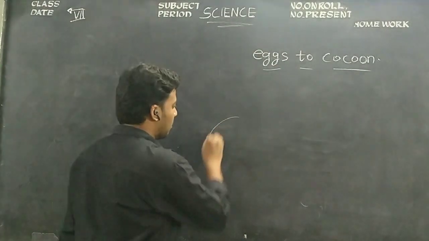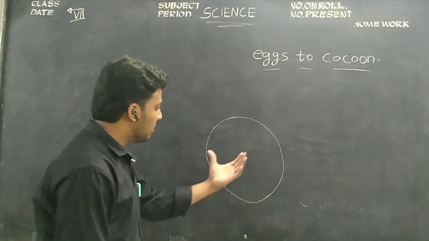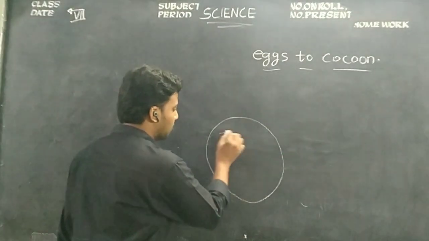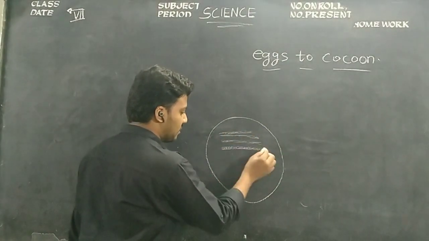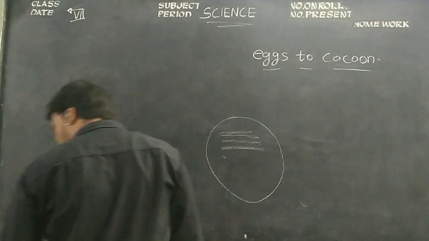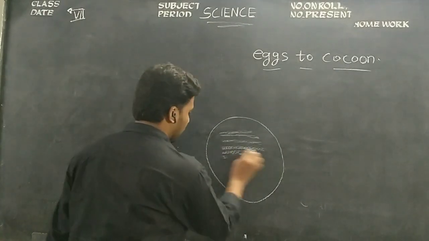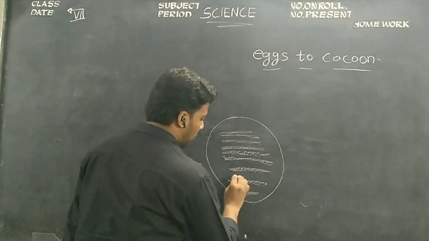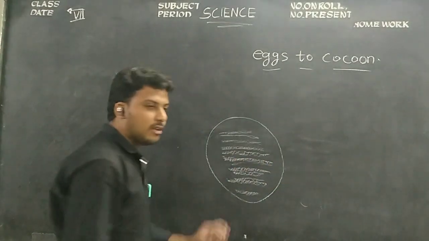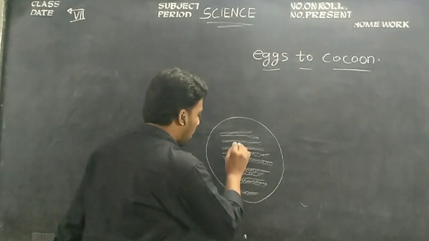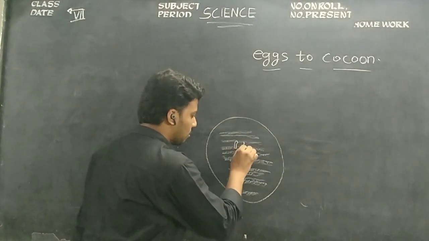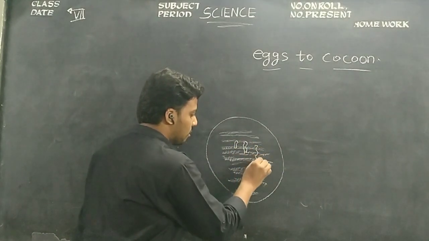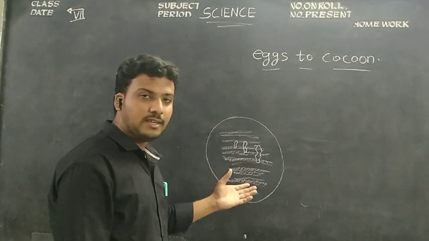Means if you take a large tray, in this large tray there are some small pieces of leaves spread over it. On top of these small leaves, there are small worms, children, tiny worms. These tiny worms, where do they come from?